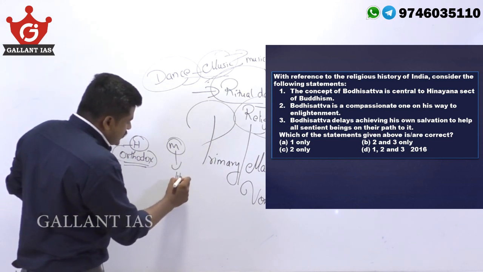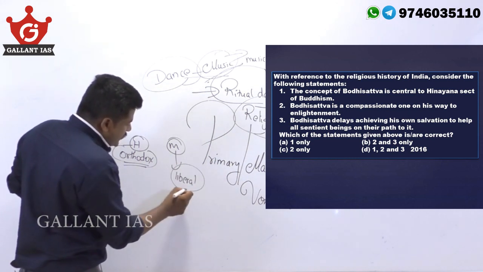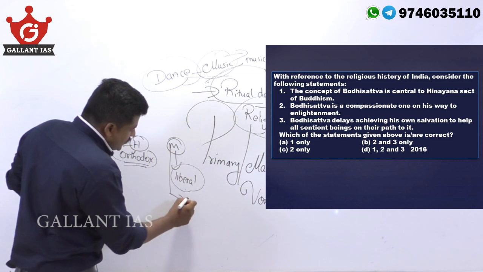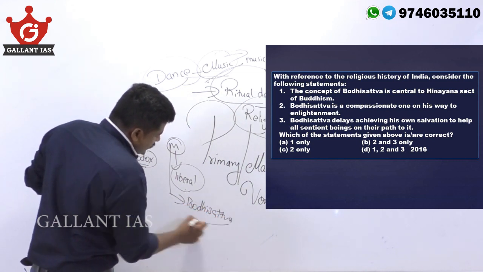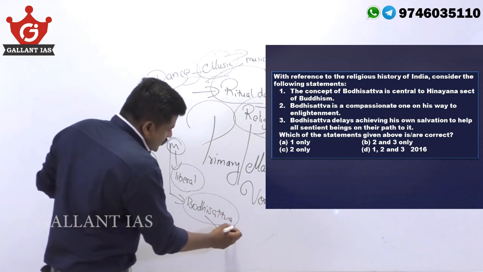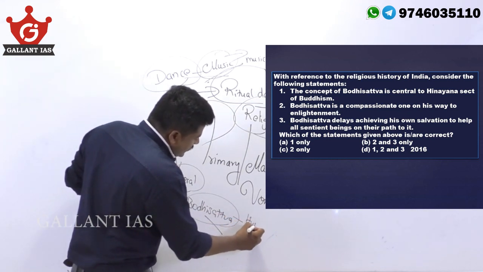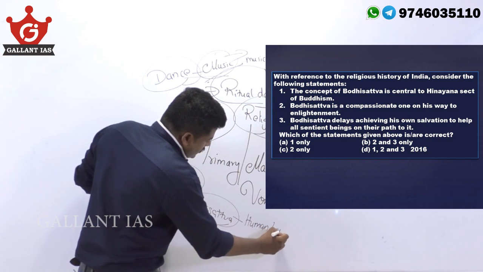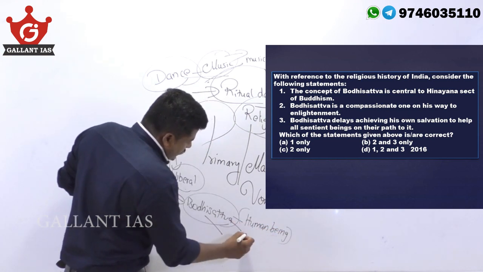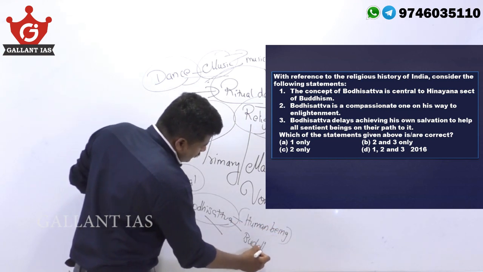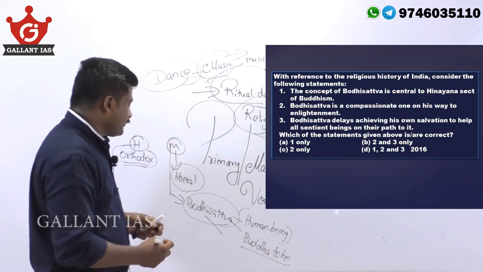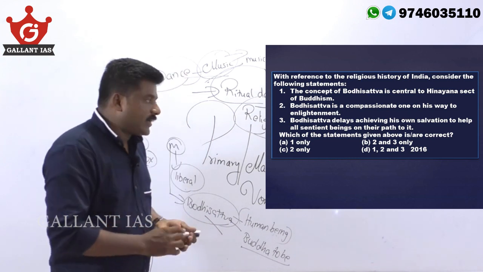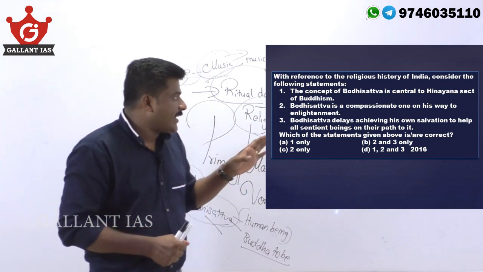Mahayana is a liberal sect, and Bodhisattva is central to Mahayana Buddhism. Bodhisattva is basically a human being, or a Buddha to be. These concepts are very clear to you. With the basic knowledge, you can apply the elimination and reach the answer.